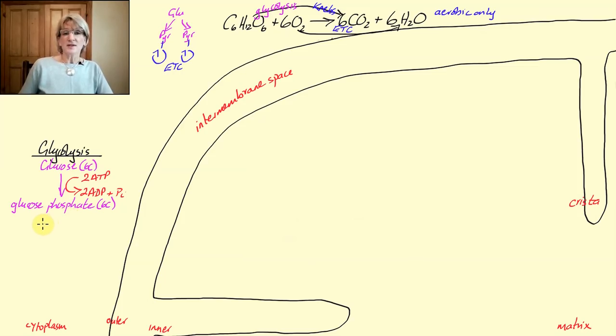And what happens is that it then splits into 2 3-carbon sugars, which are triose phosphate. Triose does what it says on the tin. Tri means 3, ose means it's a sugar.